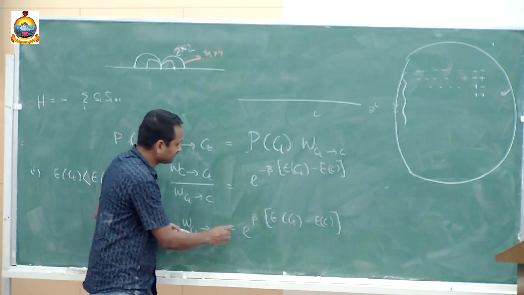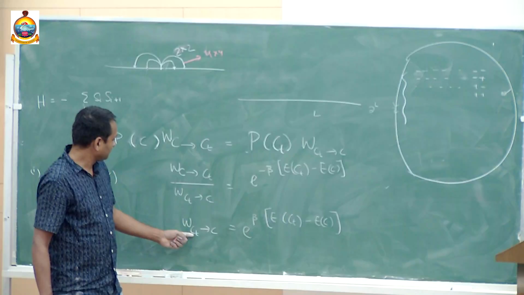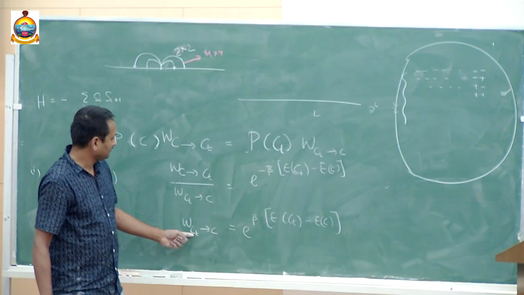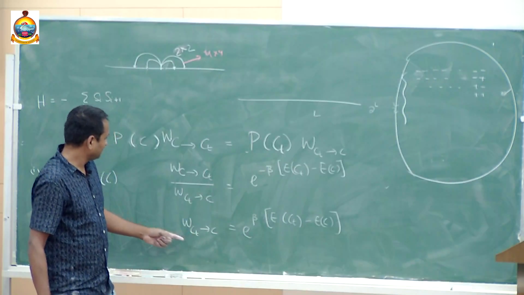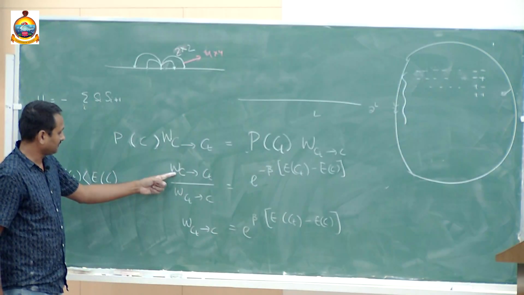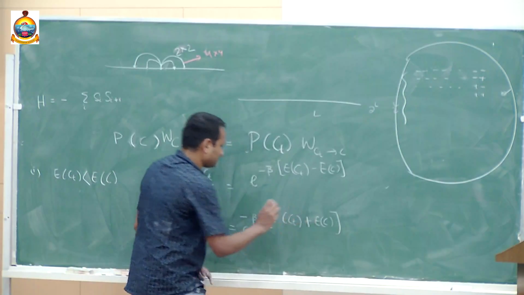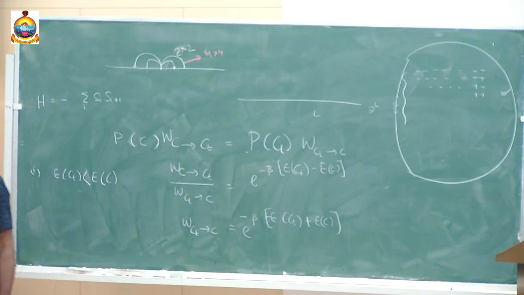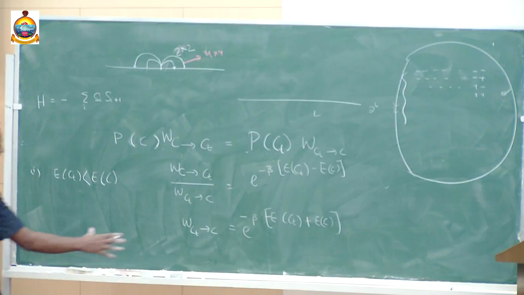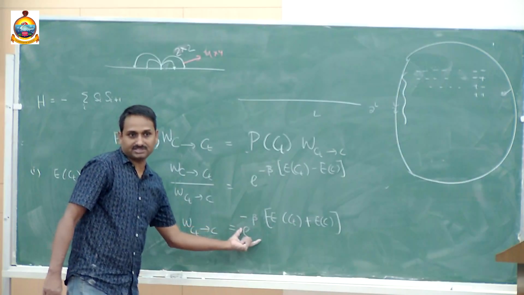There is a minus. CT has the lower energy, so it's some number smaller than 1, as it should be. Let me put a minus here: E of C minus E of CT. So this is just delta E, and this is smaller than 1.